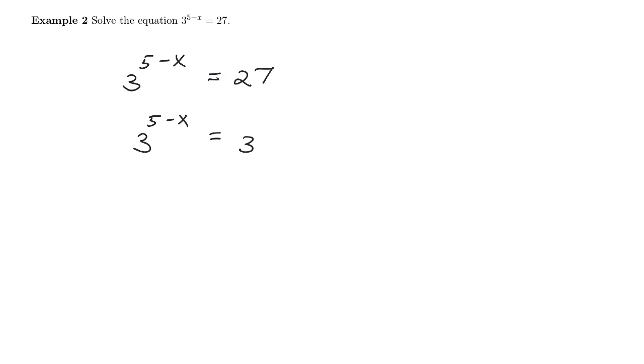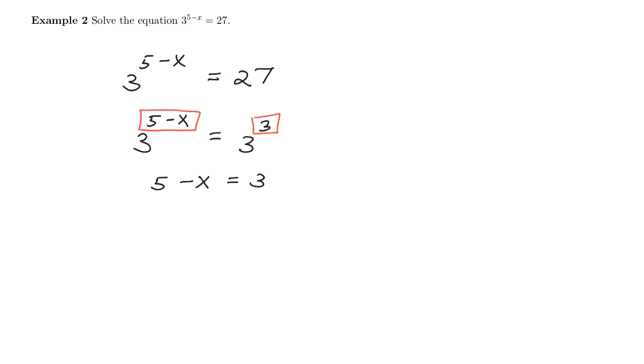I guess I'm choosing 3 for all of these, but 3 cubed is in fact 27. So at this point, you can say, well, since the bases are equal, I can take this exponent on the left and the other one on the right and say 5 minus x is 3.